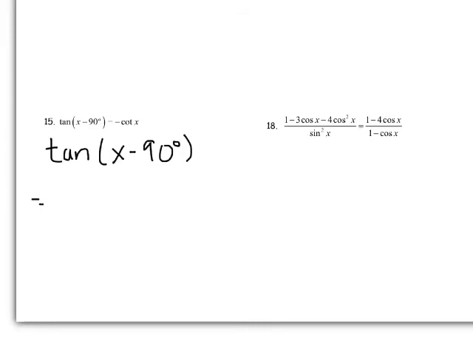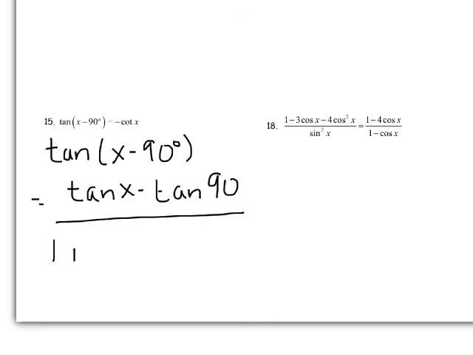That's tangent A minus B, so tangent x minus tangent 90, all over 1 plus tangent x times tangent 90.